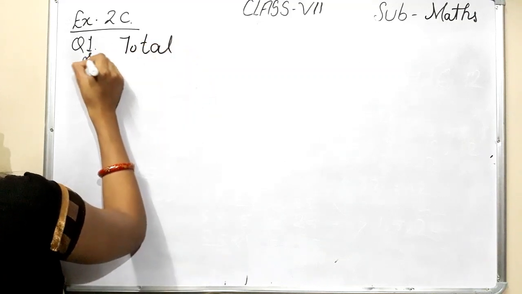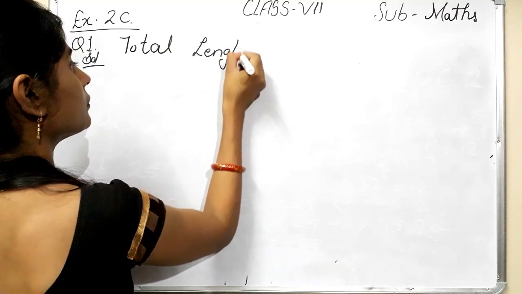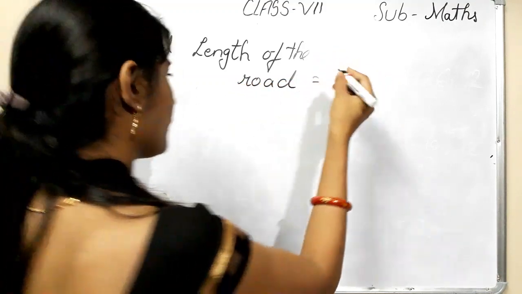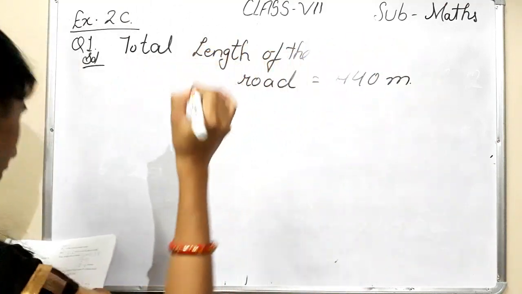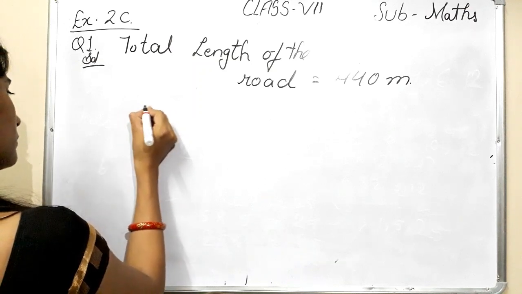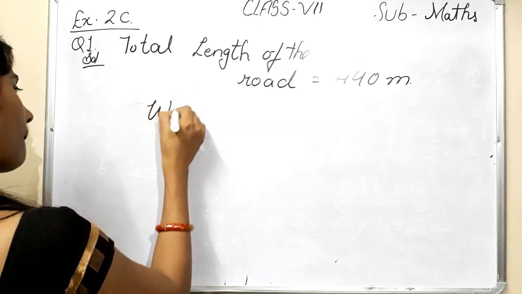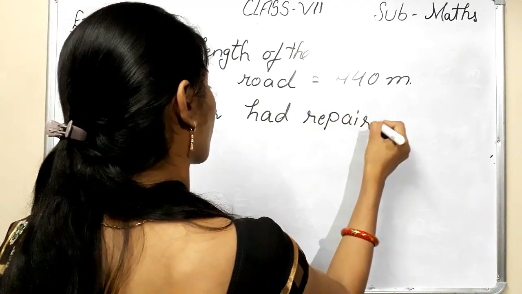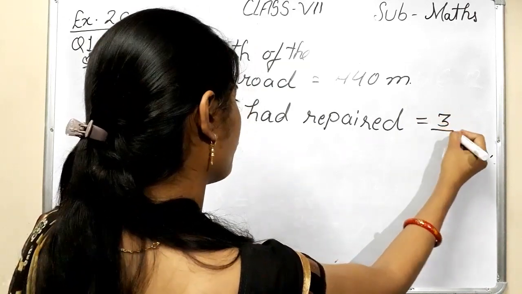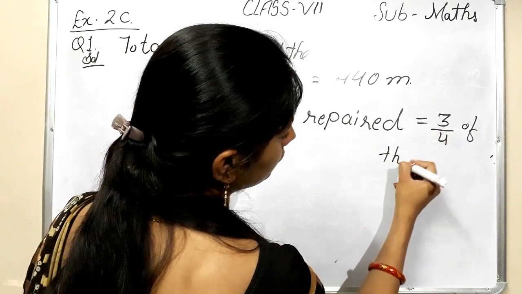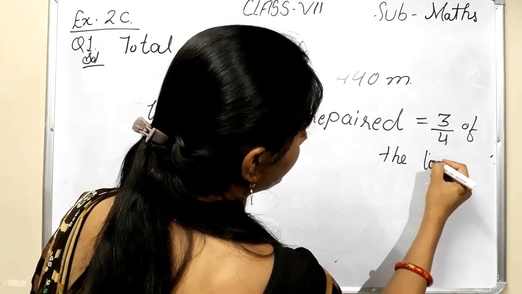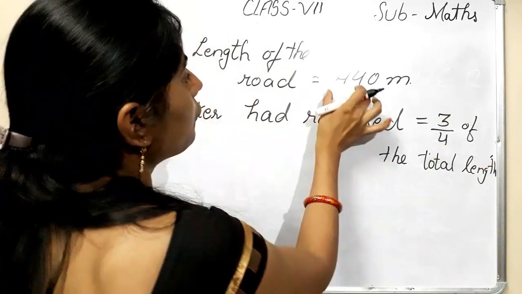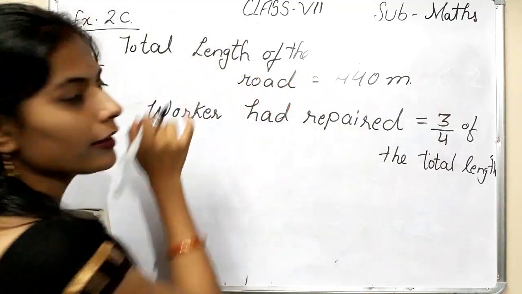So, solution: total length of the rod is equal to 440 meters. 3/4 of the total length means, see, 440 meters is the total length of the rod.